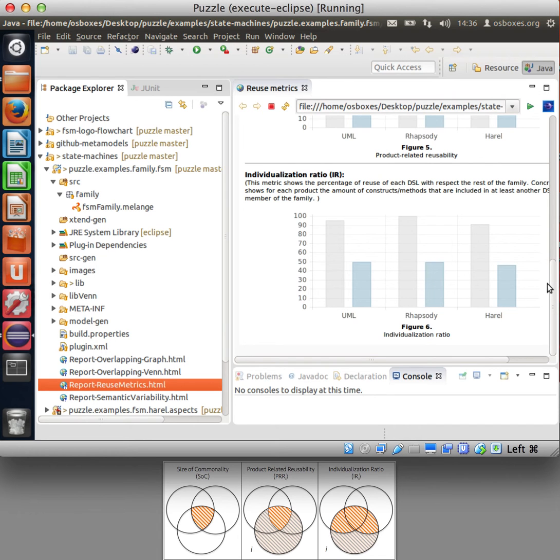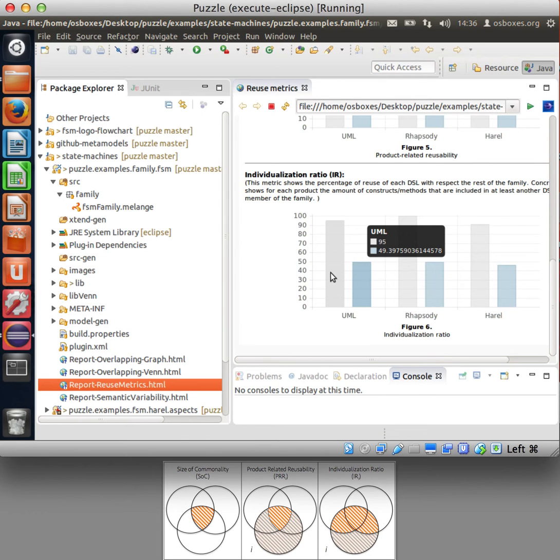Finally, the third metric, called individualization ratio, measures for each DSL the amount of constructs defined exclusively for the DSL versus the amount of constructs that are shared with at least another DSL.